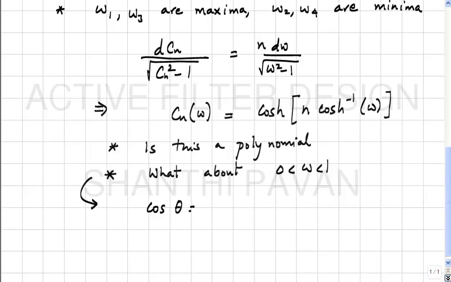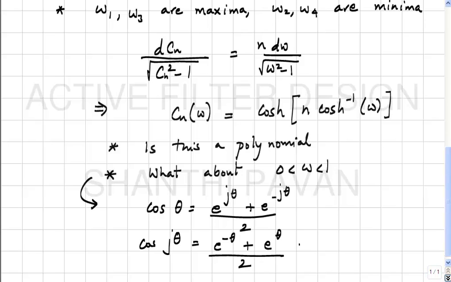Cos theta is e to the j theta plus e to the minus j theta by 2, and cos hyperbolic, or cos of j theta, is e to the minus theta plus e to the plus theta divided by 2, which is the same as cos hyperbolic of theta. And what is the minimum value of cos hyperbolic of theta?